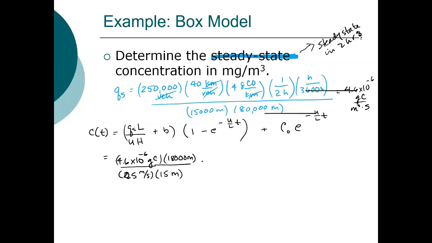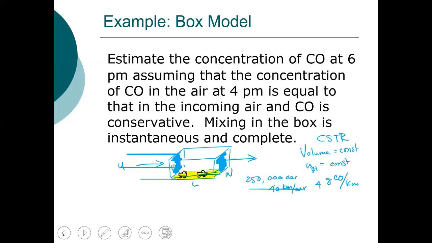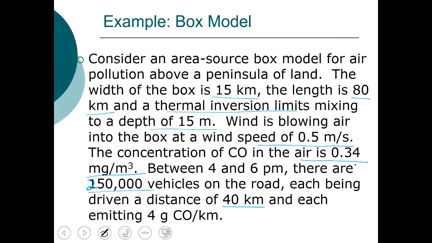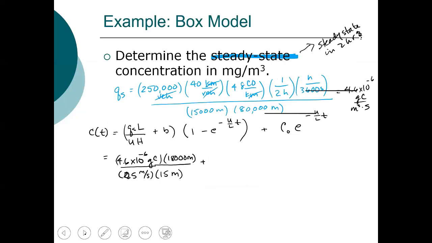Now notice, actually, I just realized here, this B term, B was given, let's go back and look here. Okay, B is given in milligrams per cubic meter. So this is milligrams per cubic meter, right? I need this in grams.